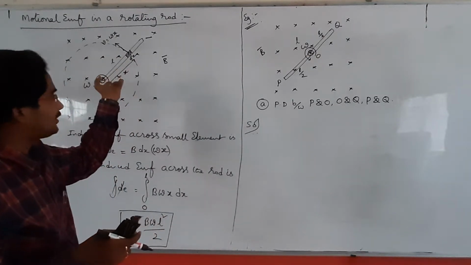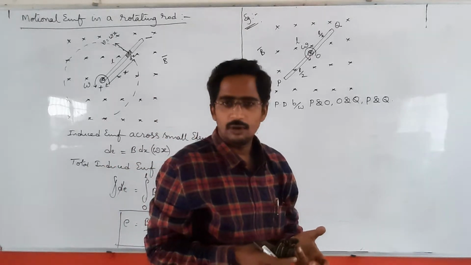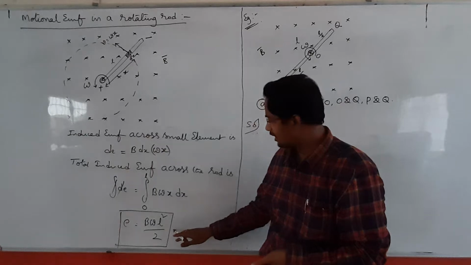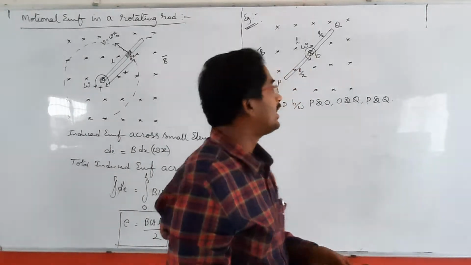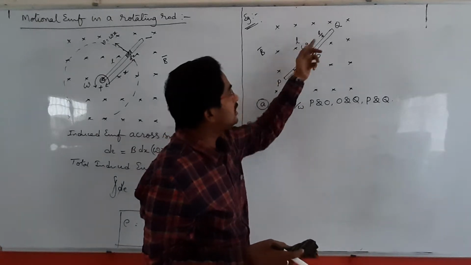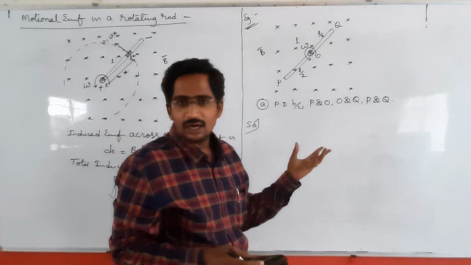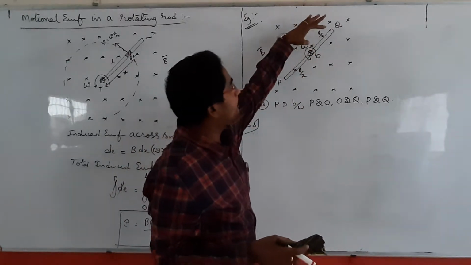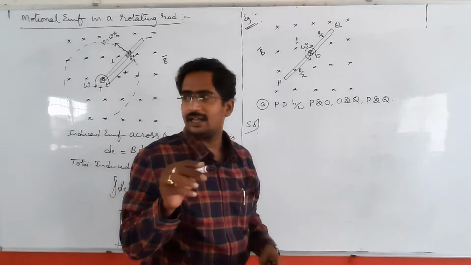Here you have already seen, when a rod is rotating about one of its ends, the induced EMF formula applied is B omega L square by 2. The same formula we can apply here for the two parts of this rod, OQ and OP, each having length L by 2.